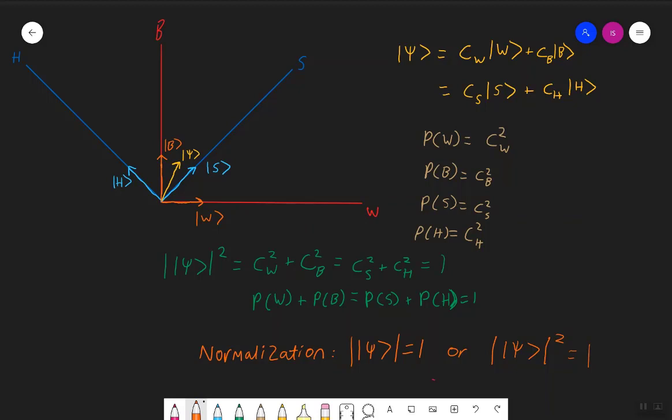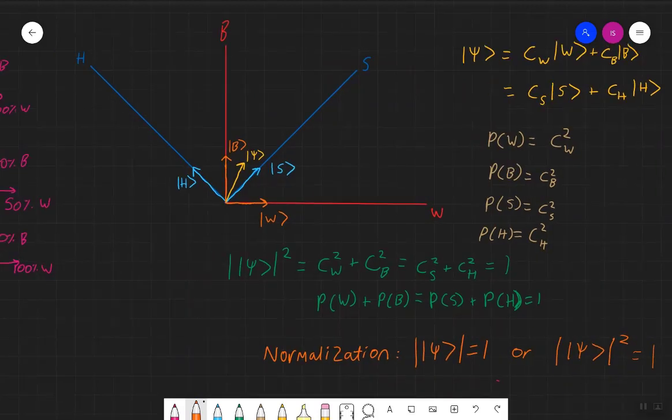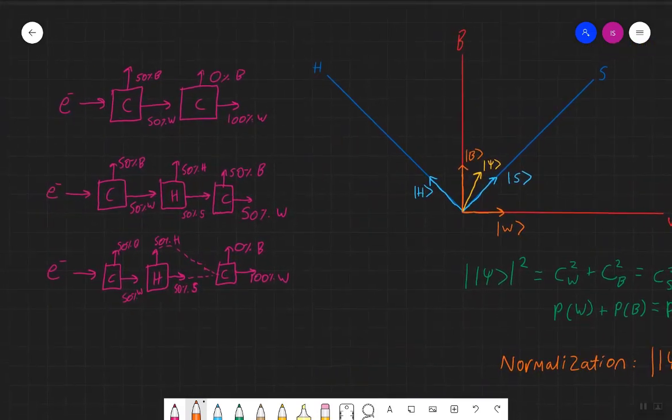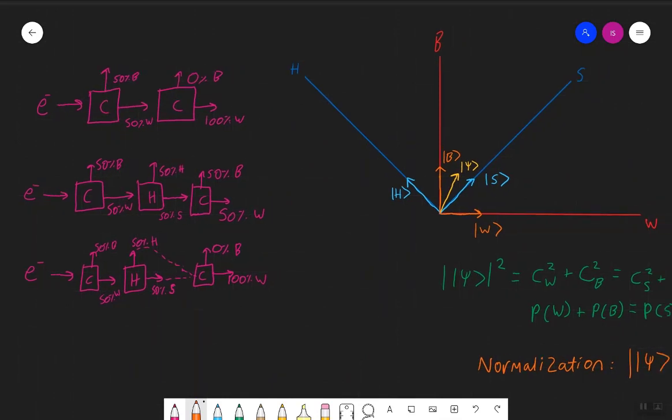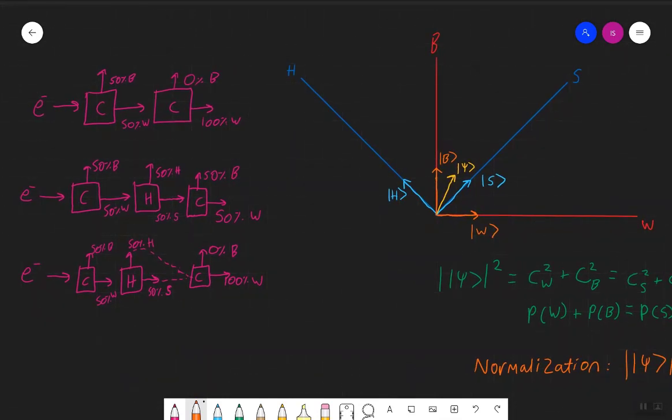Okay, so now I've shown you this setup of how we can do this. Now I want to go to our Stern-Gerlach experiment and show how this setup with these probabilities actually gives us the result of this experiment, and then we'll go from there.